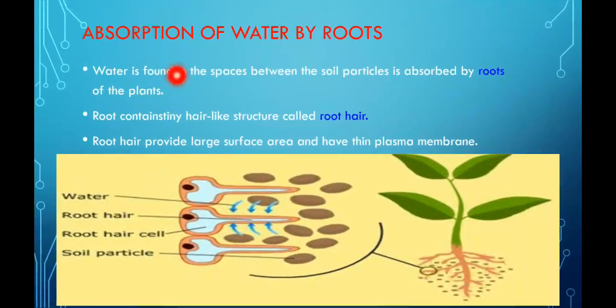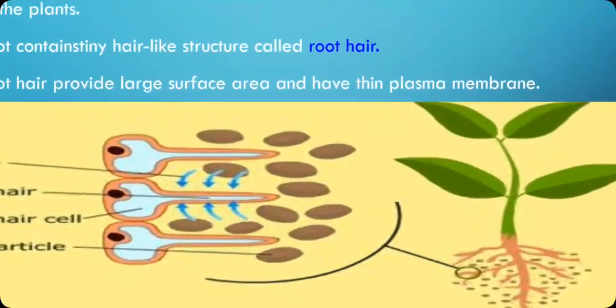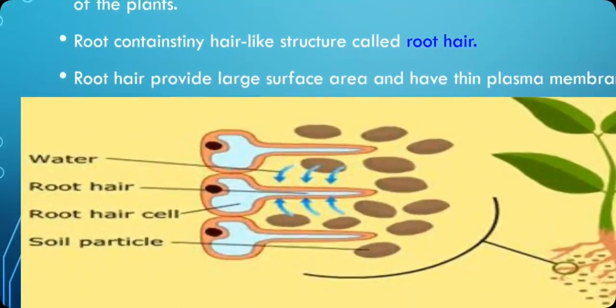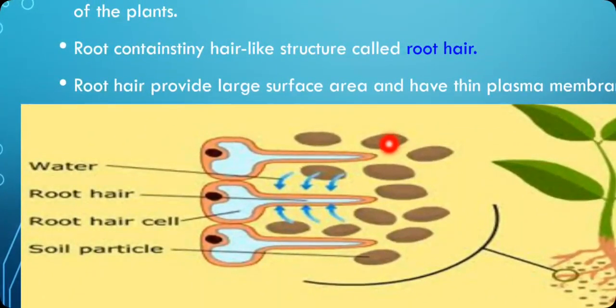So first, what we get from this is that water found in the spaces between the soil particles is absorbed by the roots. Yes, roots are the ones which help in absorption of water. In the roots there is a hair-like structure, and these structures are called root hair. And why root hair?